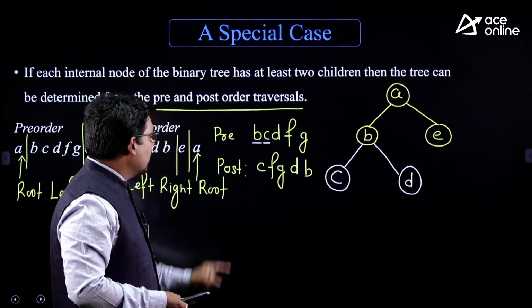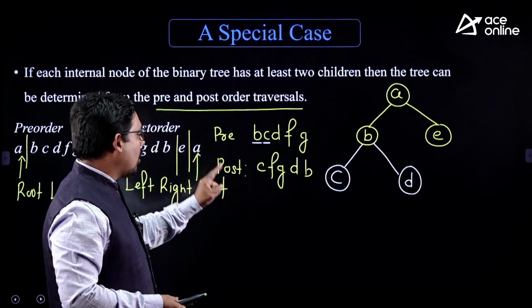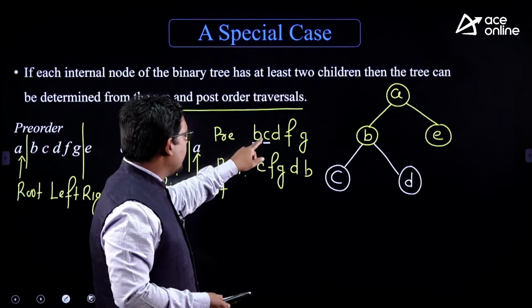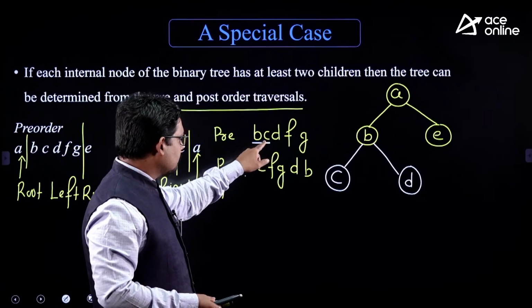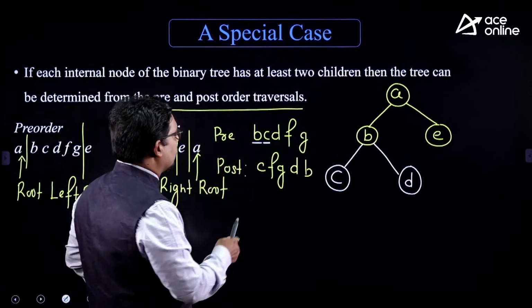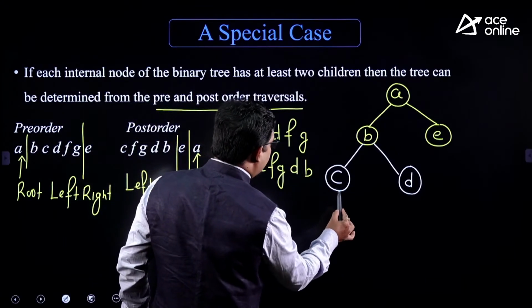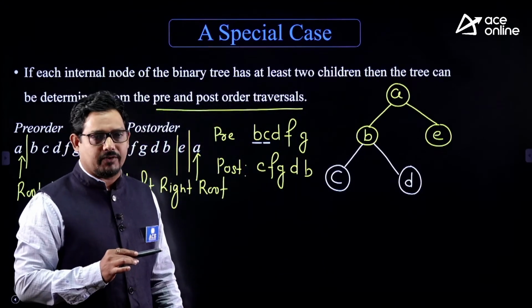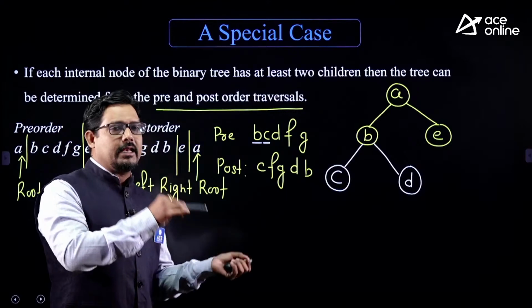Now observe the same thing: after B you are going to visit C. Then in pre-order, if C is the root, then after C you are going to visit the left and right children of it. Root, then left and right.